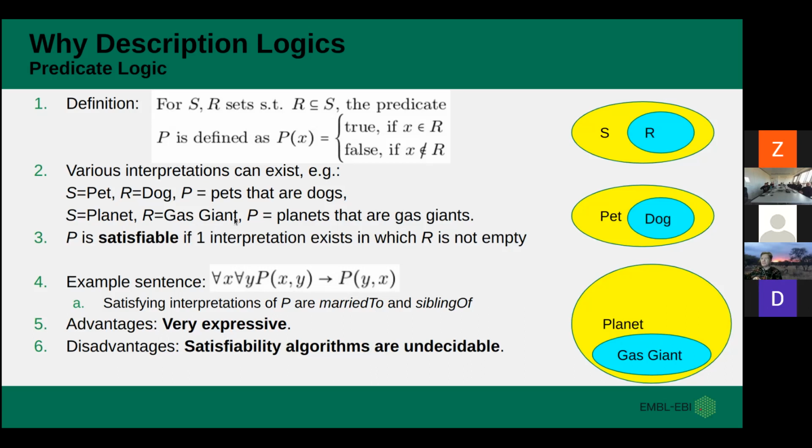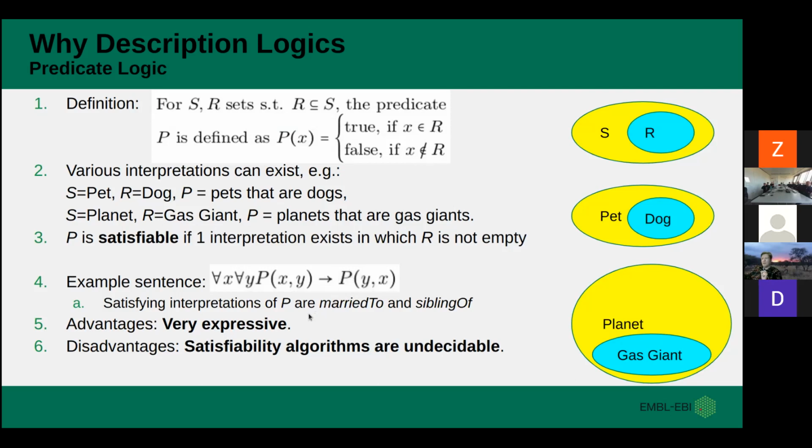Again, you can have satisfiability. P is satisfiable if there's at least one interpretation for which P is true. In that case, R will not be empty, because P is true when X is an element of R.